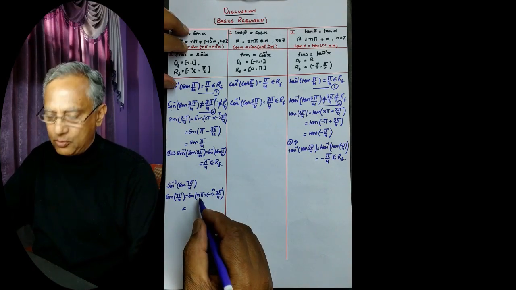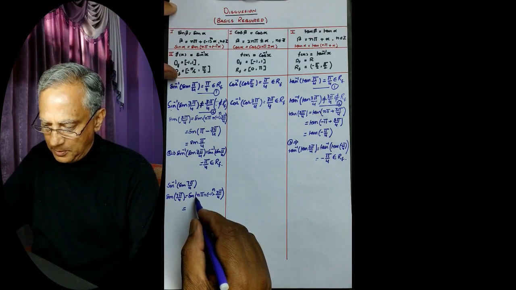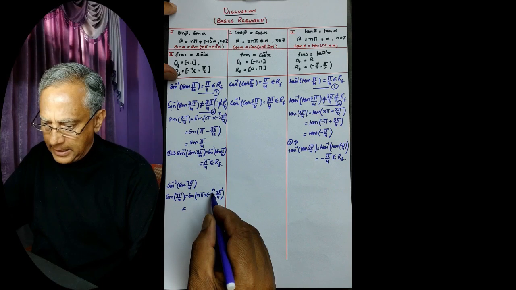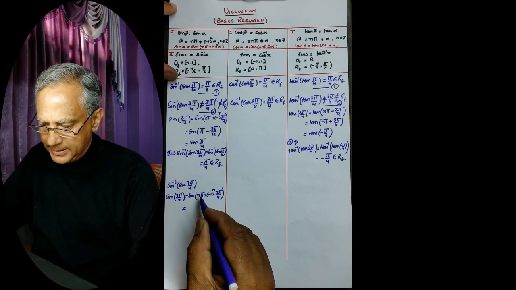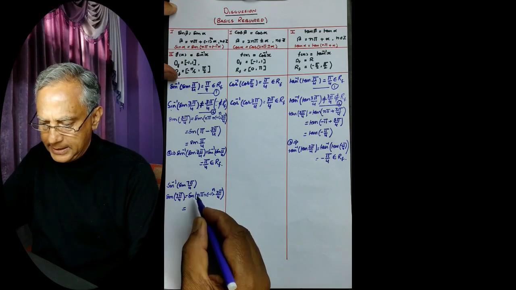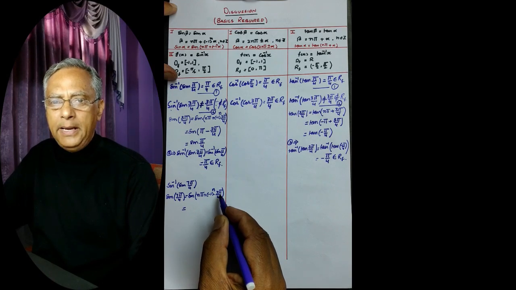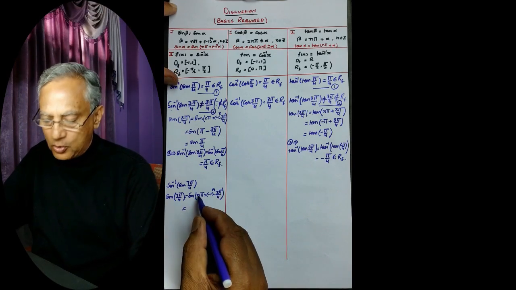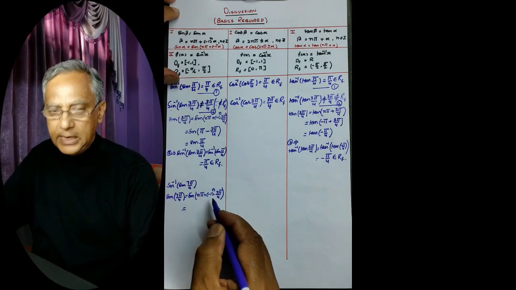Now let n be equal to minus 2. Then this will be minus 2 pi plus 7 pi by 4, since minus 1 to the power of minus 2 is plus 1. That is minus 8 pi plus 7 pi by 4, that is minus pi by 4. So n equal to minus 2 is the correct value. Clear?